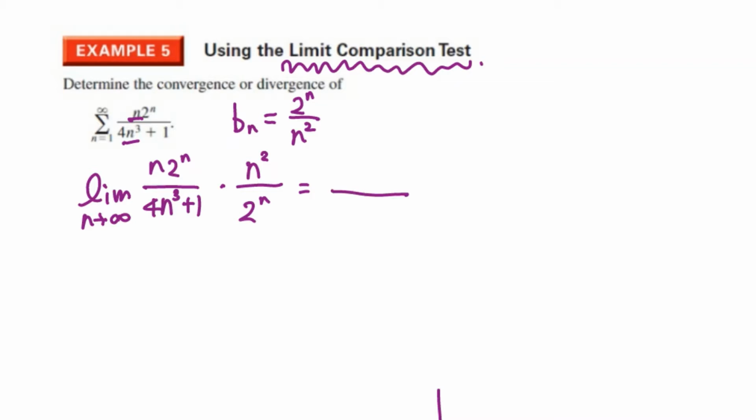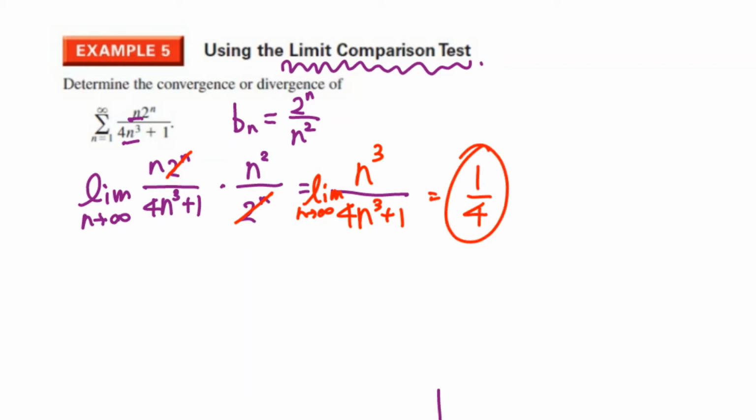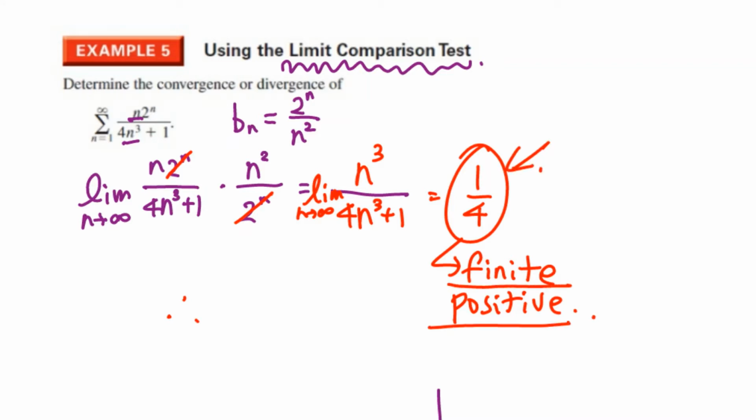So what I can cancel out is 2 to the nth power and 2 to the nth power. Then I have n cubed over 4n cubed plus 1, and I have the limit as n goes to infinity, so that's 1 over 4. So this is finite because it's not undefined, and it's positive. So yes, I got what I wanted. It doesn't matter what number this is. As long as I get a finite and positive number, I can say that either they both diverge or they both converge.